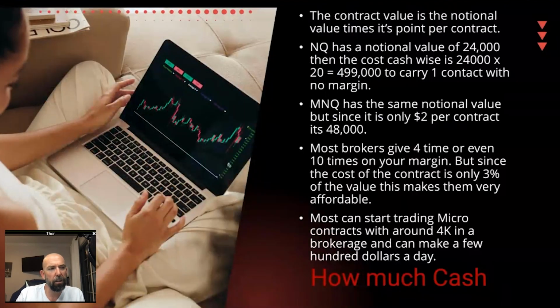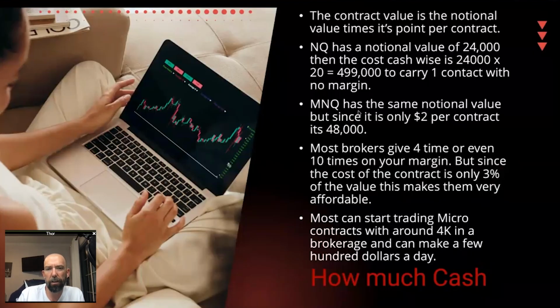So NQ, because it's bigger, carries a much higher notional. One of the things people think is that ES is the smaller contract, but ES is actually the bigger contract, though it moves a lot slower. ES right now moves about 113 points a day, whereas NQ moves about 530 points a day.